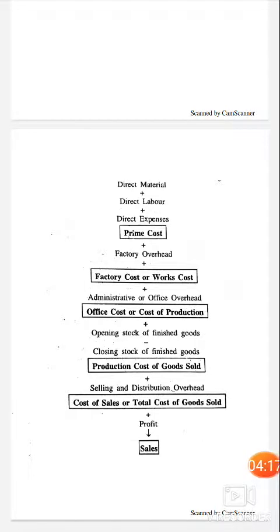Then we will add selling and distribution overheads in cost of goods sold. The cost which is obtained by adding selling and distribution overheads to cost of goods sold is known as cost of sales or total cost of goods sold.